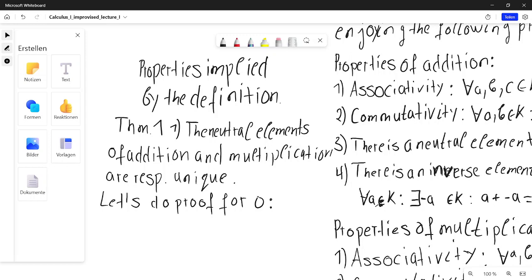So we assume there would be something else other than zero enjoying the properties of zero, and then we show that this thing is already equal to zero. Of course, it is symmetric, and it is just that we called this thing zero. But the thing is, if there are two things enjoying the properties of zero, given all those other properties of things in that structure, if two things enjoy those same properties, then those things would be equal.